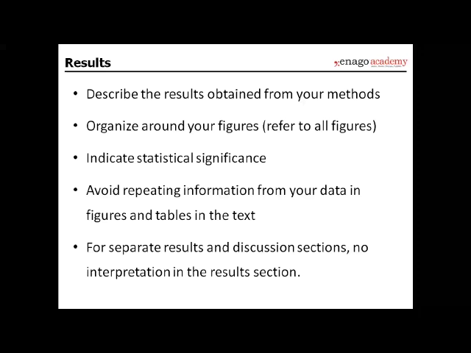Do you know what the bigger picture is? Do you know what the story is? All these things start becoming clearer and clearer as you go deeper and deeper into your manuscript. Once people reach the results section, they know exactly what you have found out and how you have addressed the research gap. And then, of course, they will continue and read the discussion and the conclusion, and that's how it works.